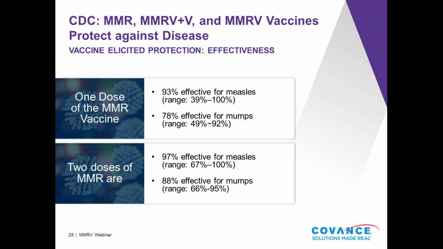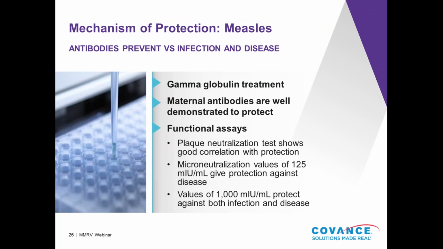However, if we say these vaccines are effective, how come we still get localized outbreaks? To understand that, let's dive into how these vaccines work, mechanistically speaking. Make no mistake about it, antibodies are very important in mediating protection against measles.